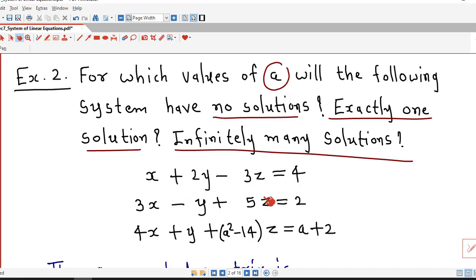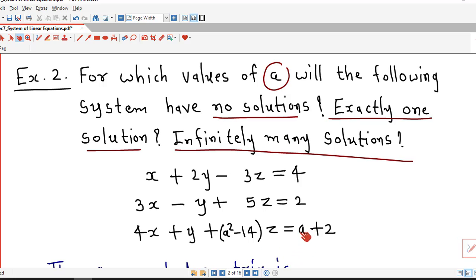So here we can see this is a system of 3 linear equations in 3 variables x, y and z, and in the last equation the coefficient of z is a square minus 14 and the right hand side is a plus 2. So we don't know what the value of small a is. So we have to find out for which values of this unknown constant a the system has no solution, or exactly one solution, or infinitely many solutions.